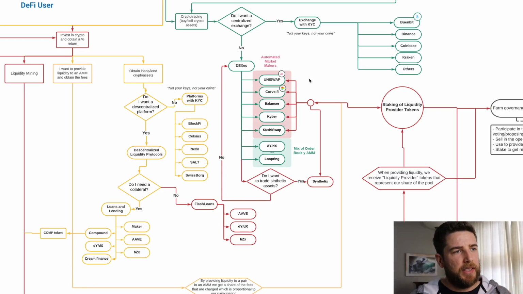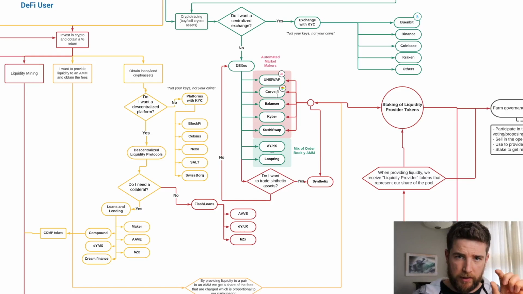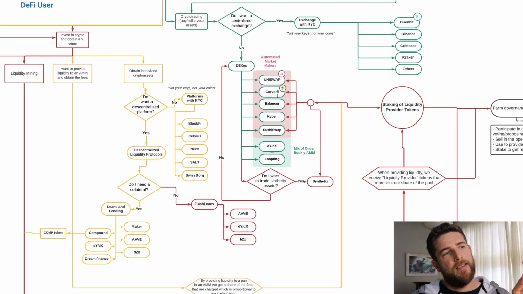An automated market maker is a bit different because it relies on math, on an algorithm, to set the price of a trading pair based on the quantity that you want to swap and the amount of money that is in that pair on the exchange. That is what you need to know for now.